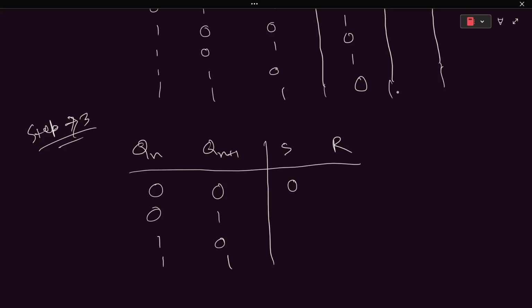I remember these things and I write them down, but I request you first with the truth table, after that the characteristic table, after that the excitation table. This is the step by step process to overcome any unnecessary and unexpected mistakes.